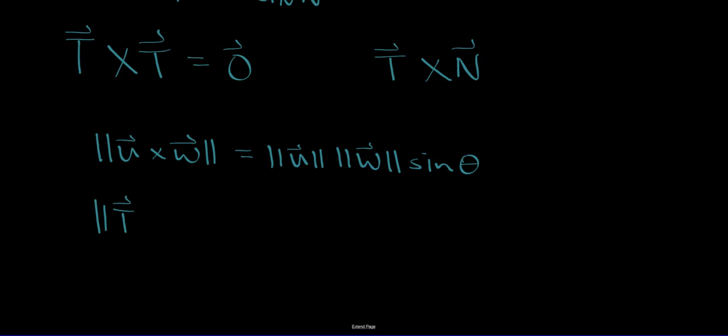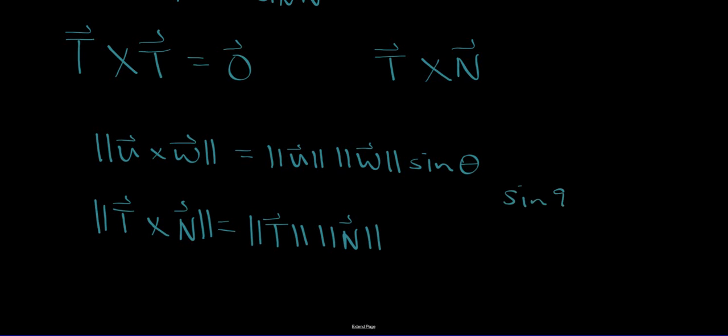We have T cross N, the magnitude of T, magnitude of N, times 1, because the sine of 90 degrees is 1. Now, this proves what you said, right? It's the magnitude of this, because this is 1 and this is 1. So the magnitude of T cross N is 1.